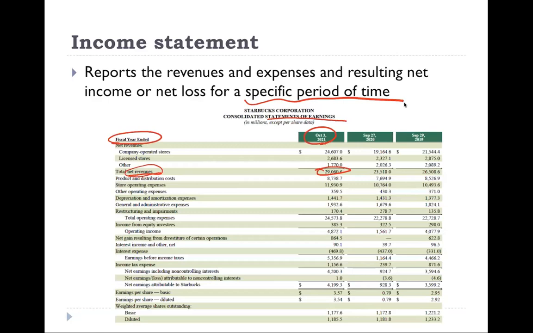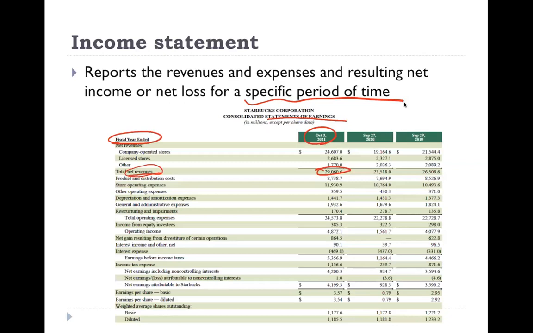It doesn't report balances, for example the firm's cash value at a point in time, which is reported on the balance sheet. Instead, the revenue reported on the income statement represents the revenue during the whole year.